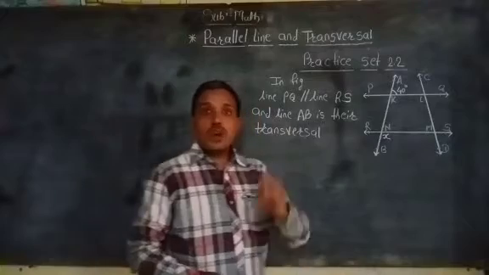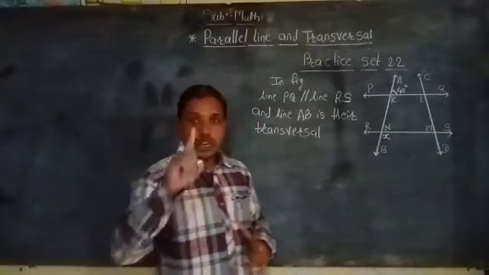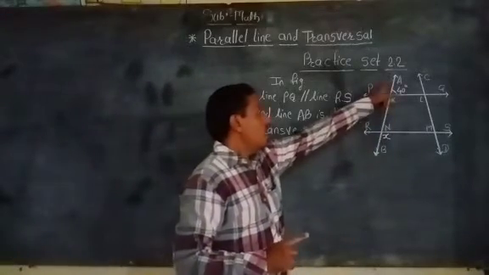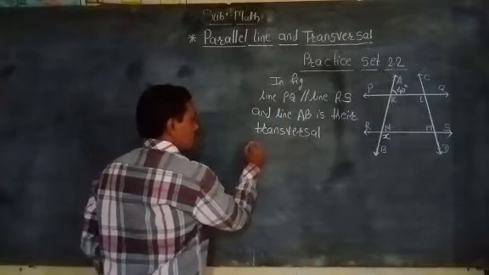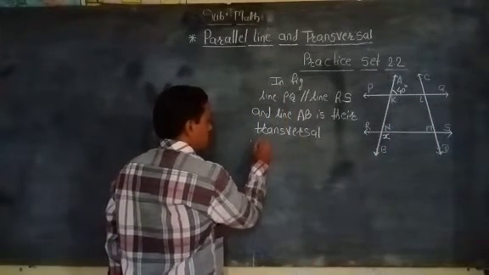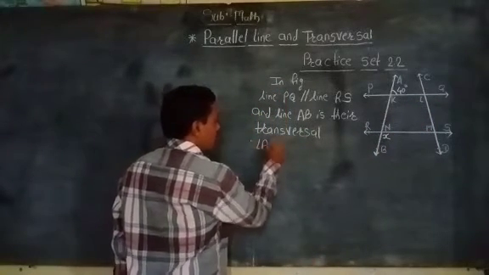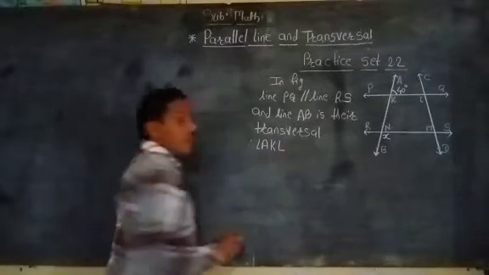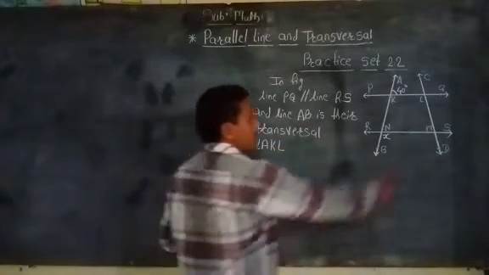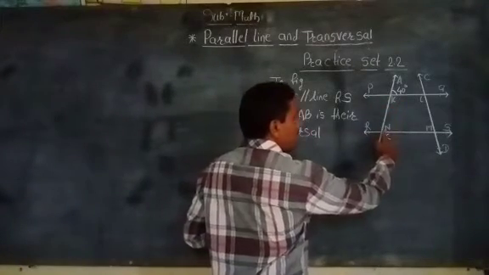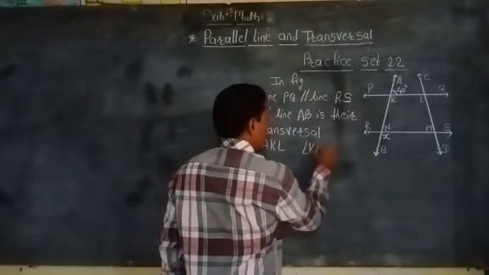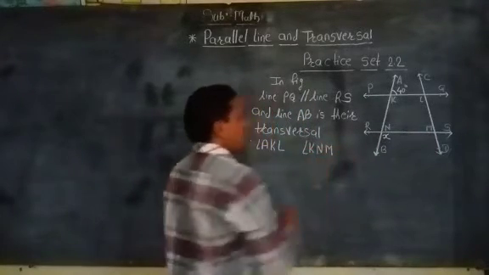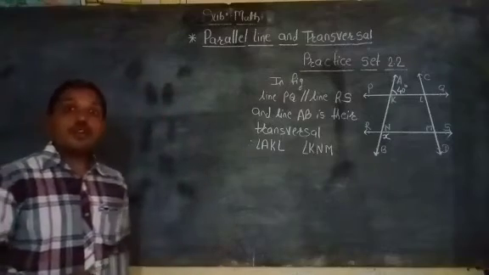KNM. So what is the relation between them? Let us recall again. Angle AKL and angle KNM. What is the relation between them?